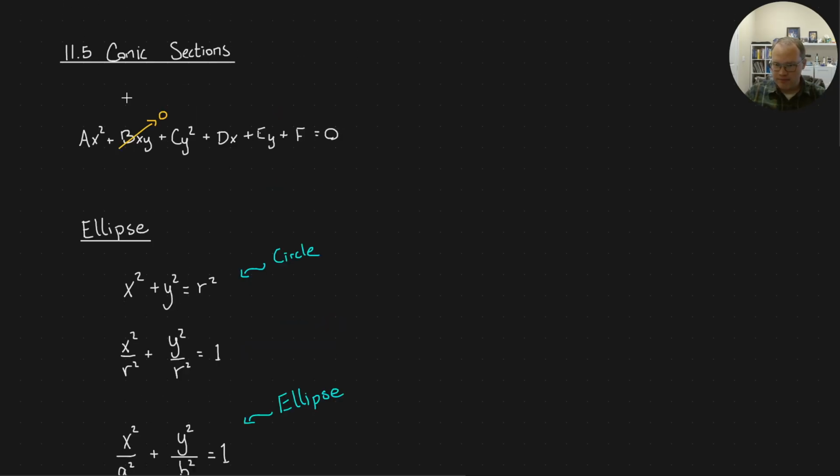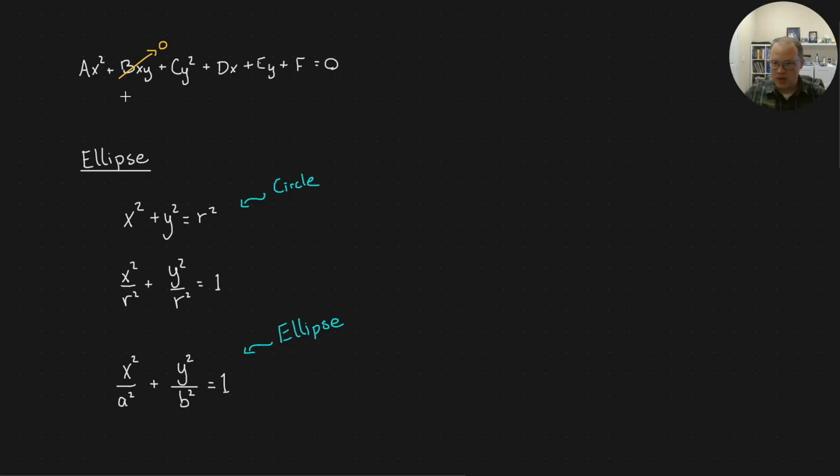We have an x squared term. We have a y squared term. Okay, notice that they're the same sign. A squared is always positive, b squared is always positive. So the numbers in front of the x squared and the y squared are always going to be the same sign. If they're the same sign, you have an ellipse.